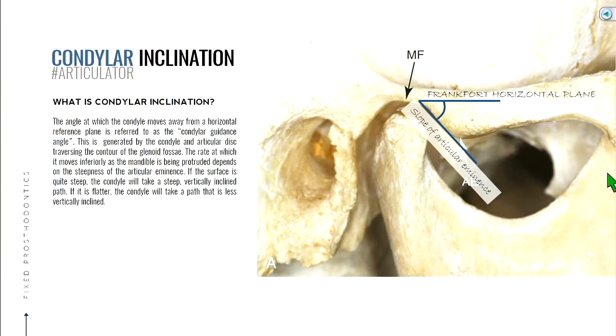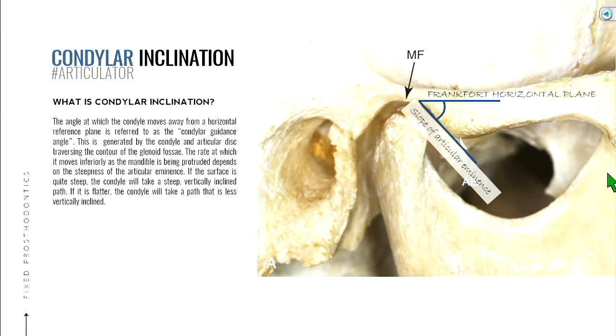And then when we apply that to clinical situations, the question is, how does that affect what we do and how we make our crowns? Well, if you think about it, when your condyle moves down and you have more space between your teeth, that would allow you to make a crown that's a little bit taller and still avoid an interference, right?